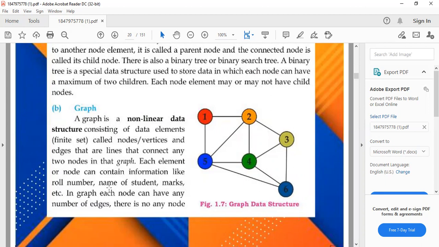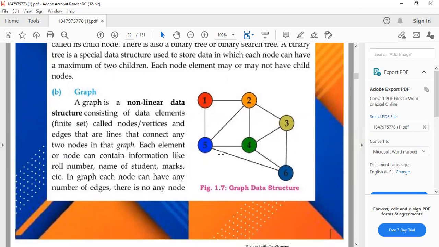Finite is a limited set, and they are called nodes or vertices, and the edges connect the lines, you can see these edges which are connecting the lines that connect any nodes in that graph.